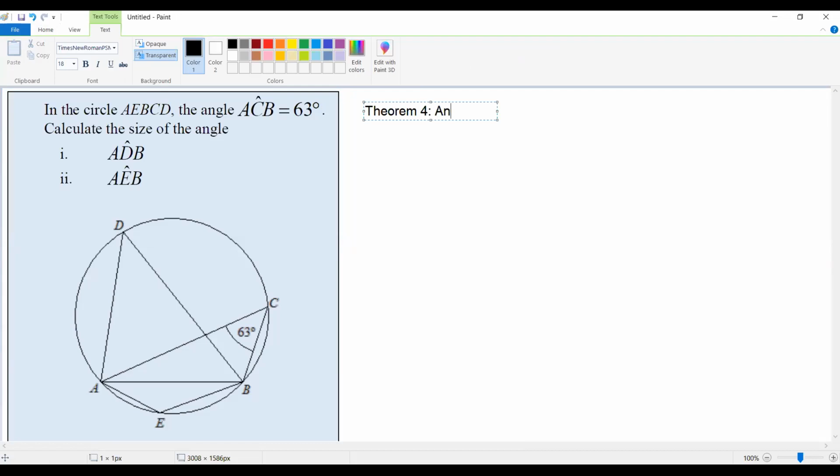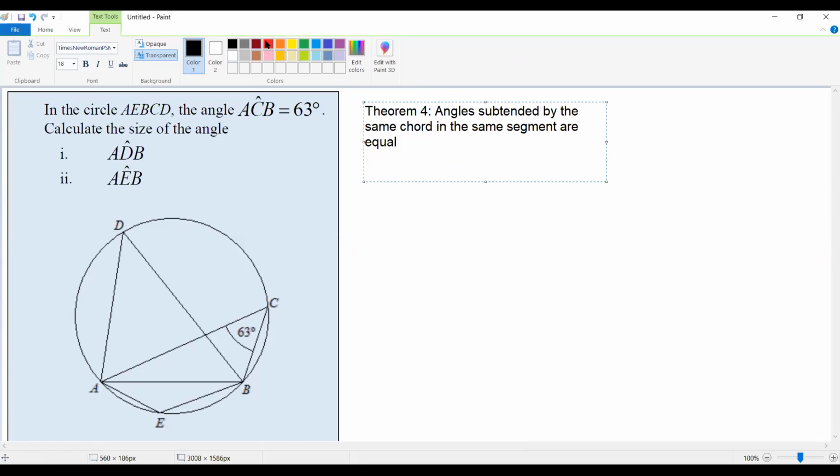Which says that angles subtended by the same chord in the same segment are equal. Okay?